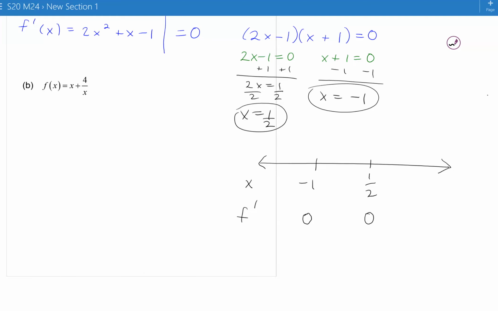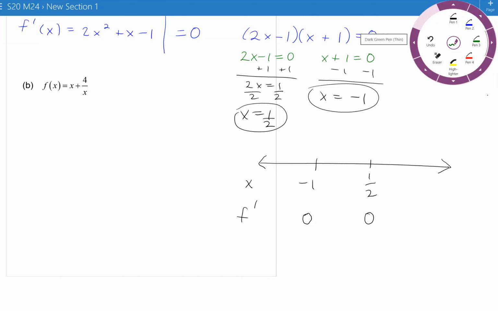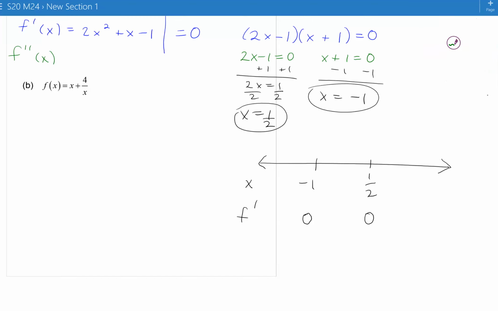And this would be a really good moment to check and make sure the first derivative really is 0 when you put 1/2 in and when you put negative 1 in, to check and make sure you have the right critical numbers before you go on. So then we need to find the second derivative, and that's going to be 4x plus 1.